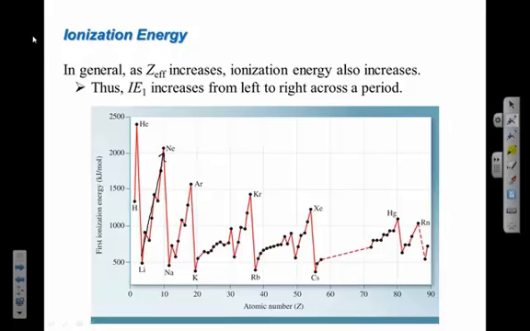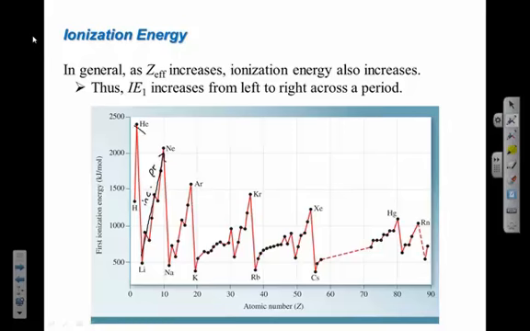Because lithium to neon are all in the same row. So as I go from left to right in that row, from lithium to the other elements in that row up to neon, generally I'm increasing because I'm adding more protons. So this is going up on the graph because I'm increasing the number of protons in the nucleus. That means it takes more energy to overcome that attraction, higher ionization energy.